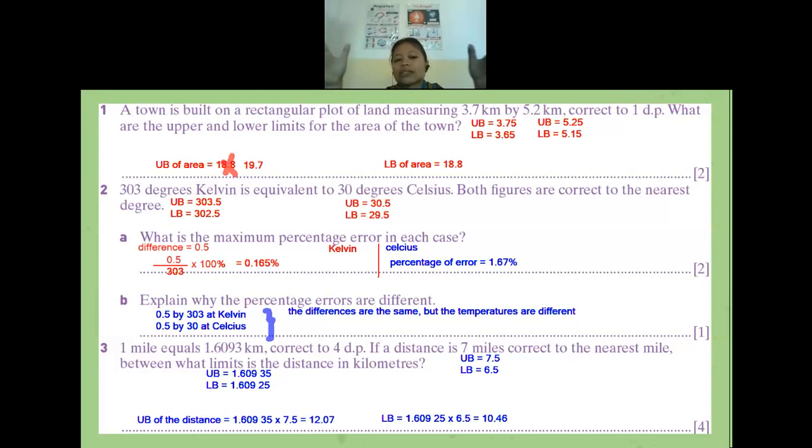So this is the distance. How do I get the upper bound and lower bound? Is there anyone having difficulties or getting confused? No, teacher. Really? No one has difficulties? Because if I move to another slide, my handwriting will be gone. So I'm just making sure, is there anyone still having difficulties from questions 1, 2, and 3?